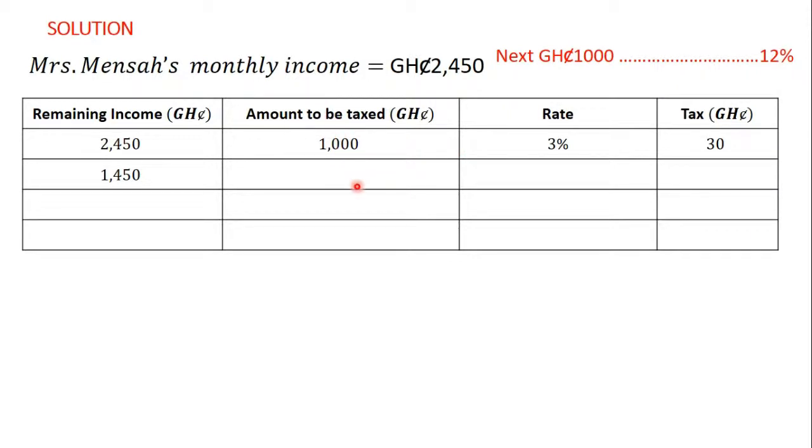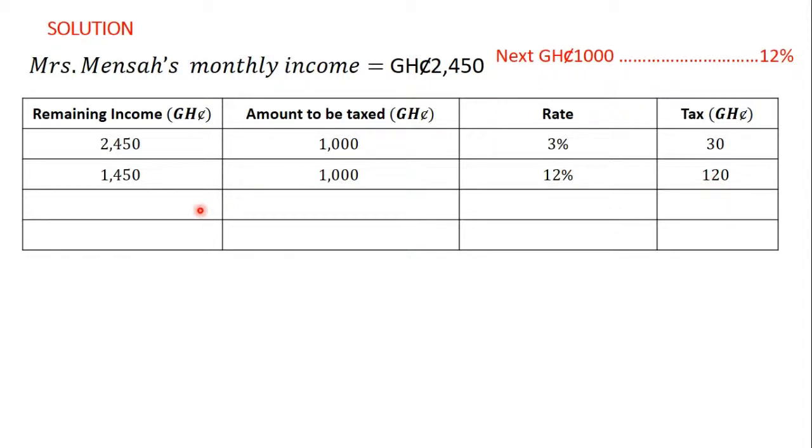So the amount to be taxed for the second group is 1,000 Ghana cedis, and the rate of tax is 12%. So the tax is going to be the rate of tax, which is 12%, times the amount to be taxed, which is 1,000 Ghana cedis. So 12 divided by 100 times 1,000 will give us 120. So for the second group, the tax is 120 Ghana cedis.